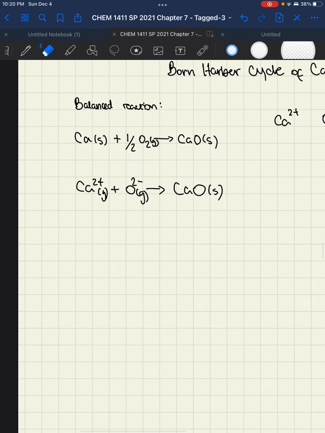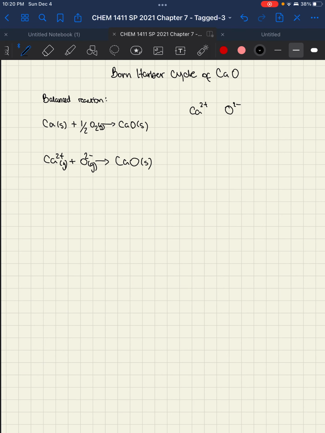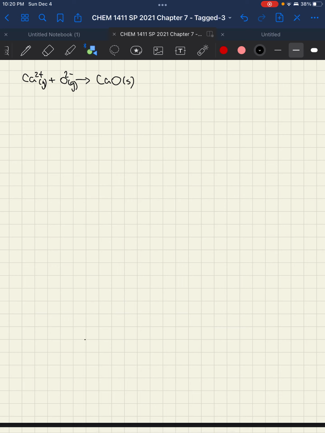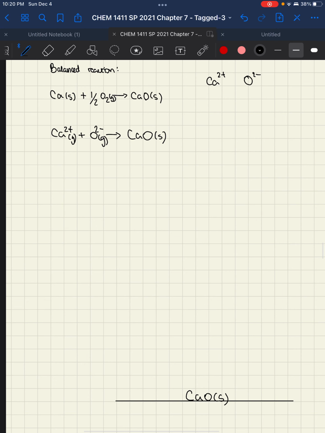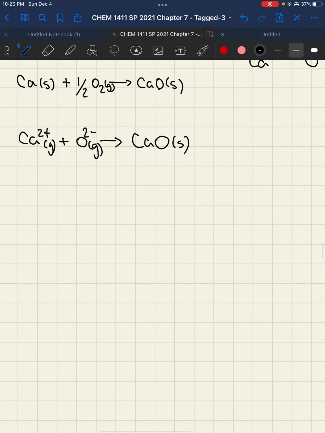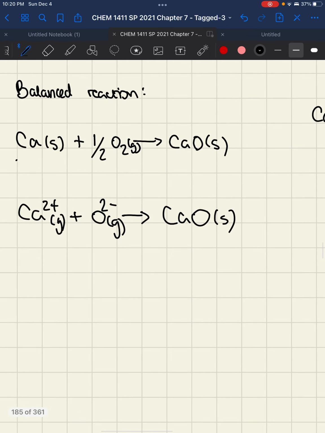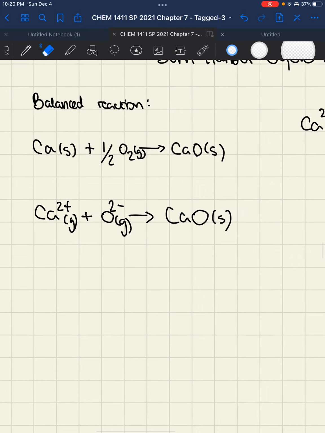But essentially, by doing the Born-Haber cycle, our base is calcium oxide, and we're going to try to get from this reaction to this, and lastly the last step will be to get the lattice energy.